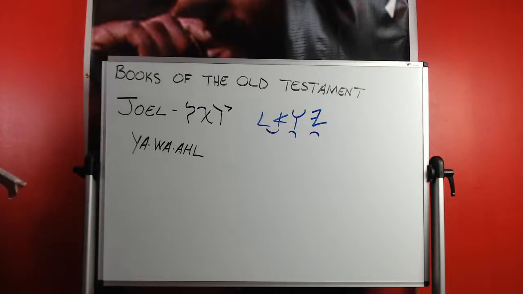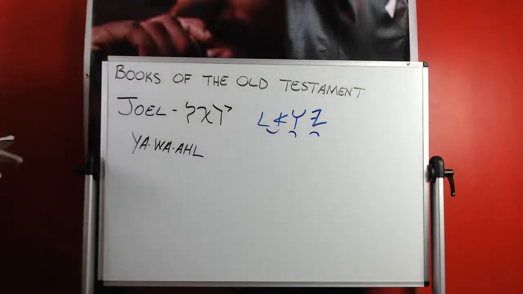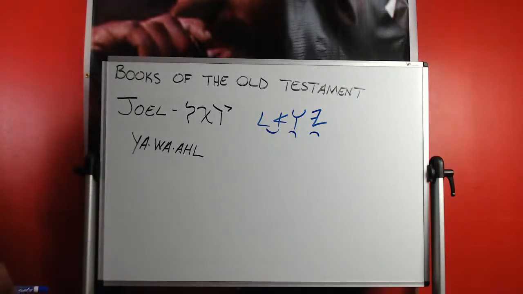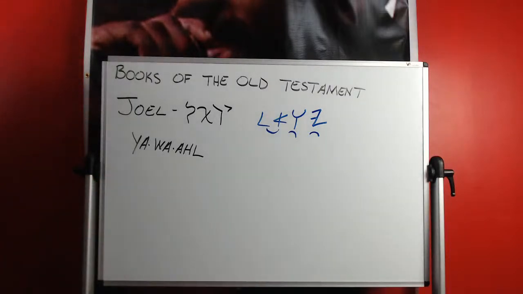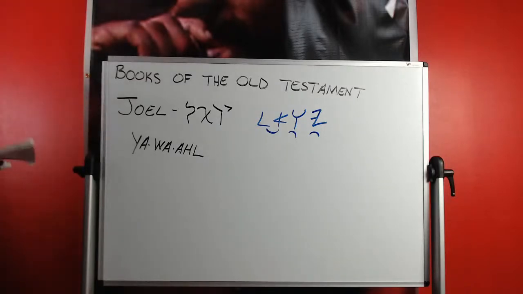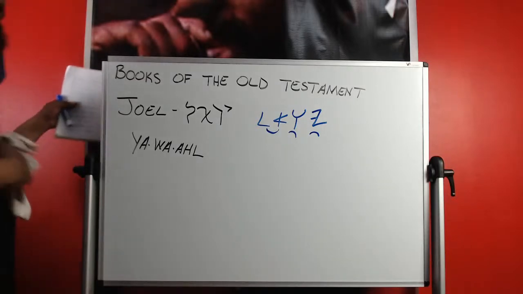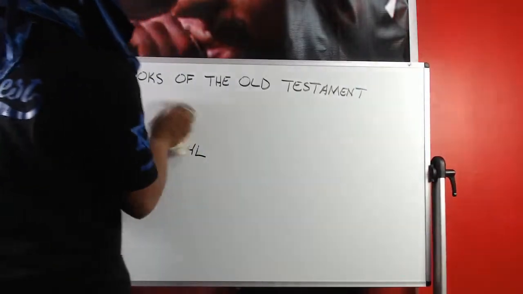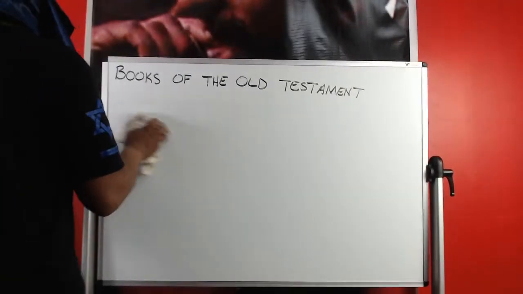So when they tell you, oh, well, that's not his name, or the J didn't come on till later, absolutely, you're right. How do we know that? Because we read the Hebrew text. So we have Yahweh-el.